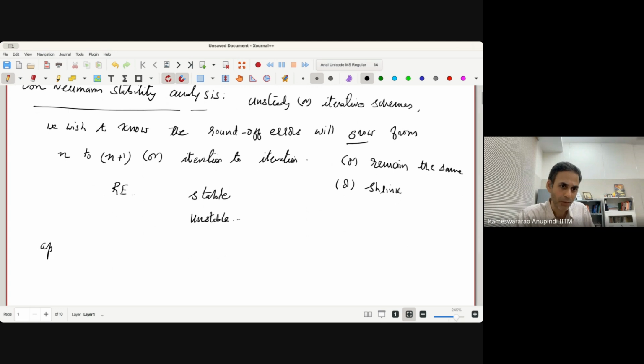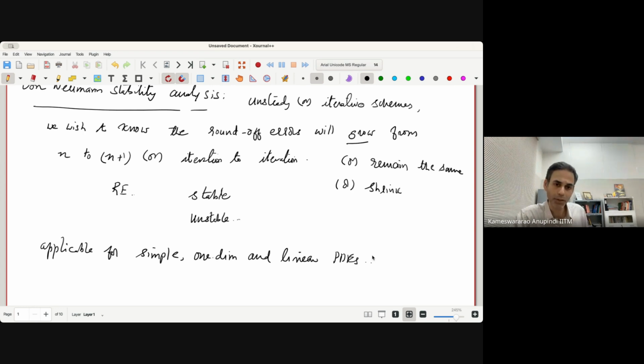It is applicable for simple, one-dimensional, and linear partial differential equations. As you can see, this is only applicable for simple one-dimensional linear partial differential equations.